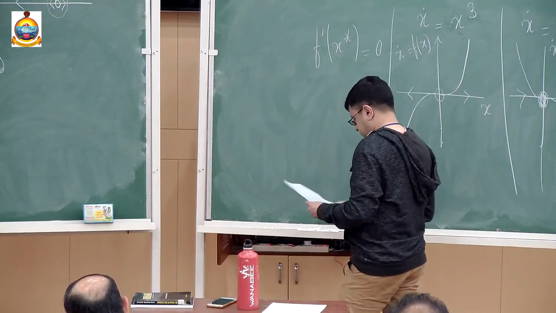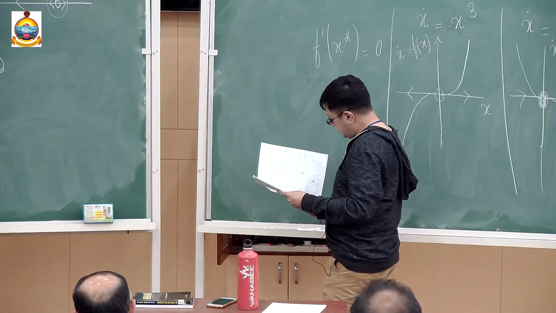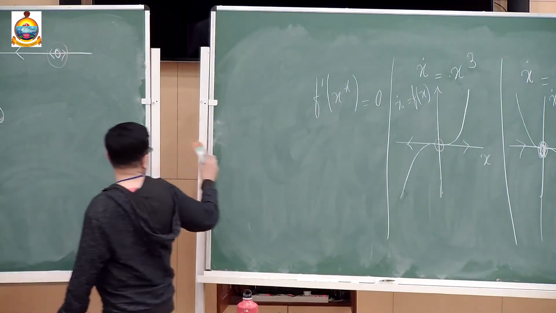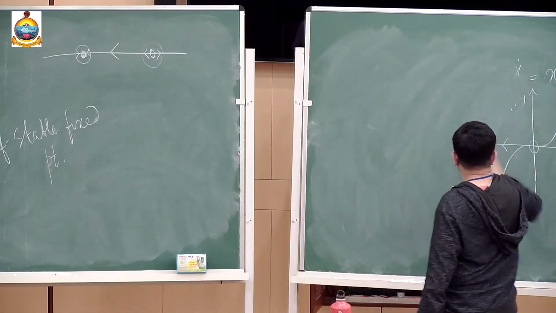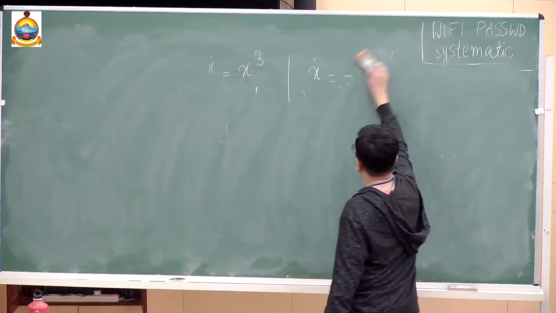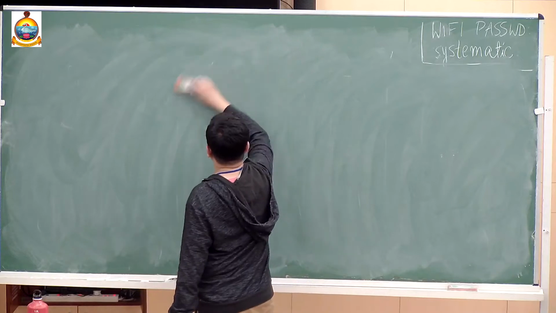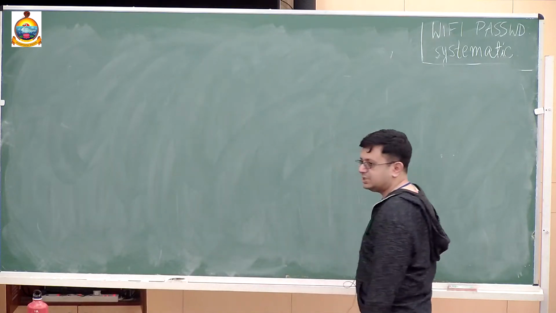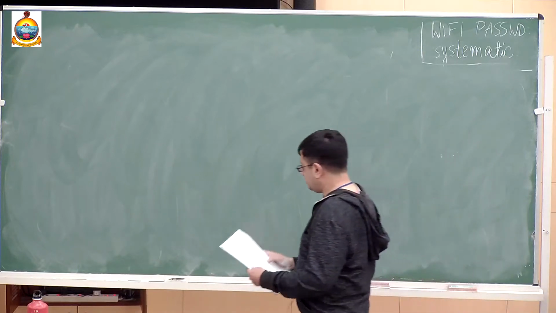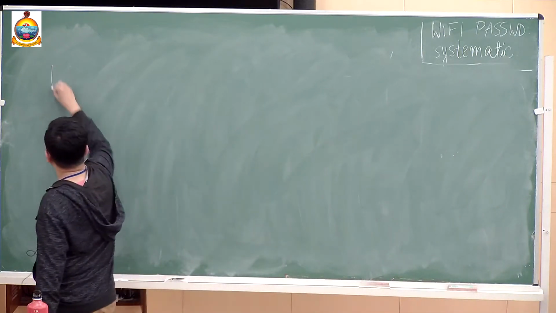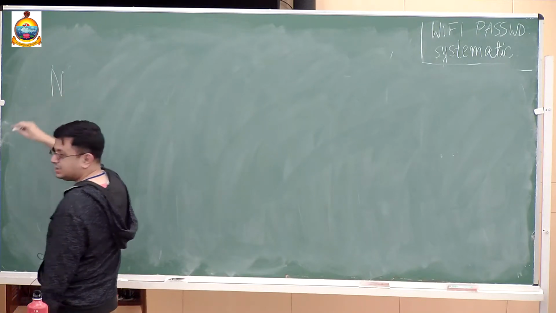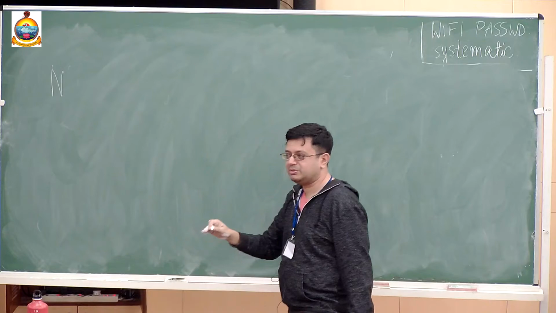Now, let me tell you something which is not possible in 1D. In 1D we saw that at least in the neighborhood of a fixed point, solutions are either going to grow exponentially in time or decay exponentially in time, and it can be shown from theories of differential equations that in 1D these are the only possibilities.